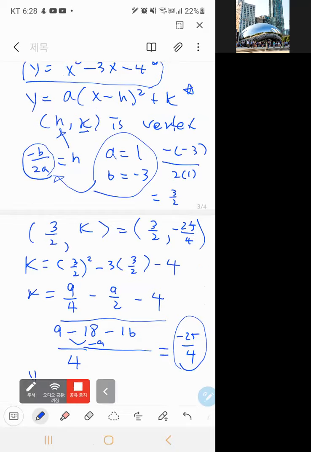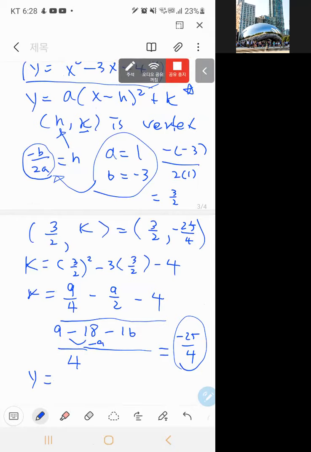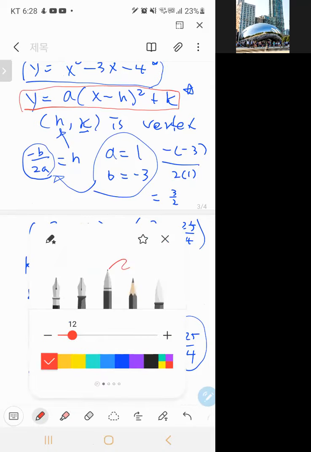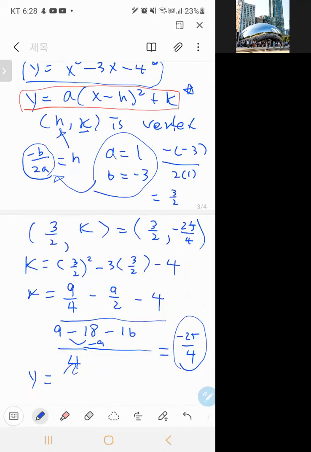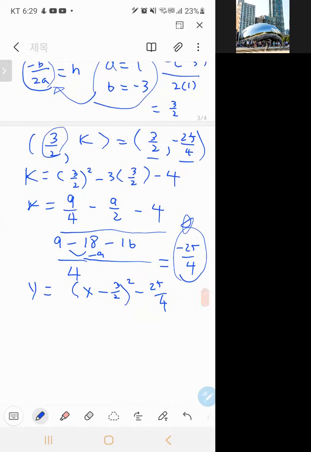So y is, a is 1, and x minus h is right here, 3 over 2, squared, plus k, and our k is right here, minus 25 over 4.